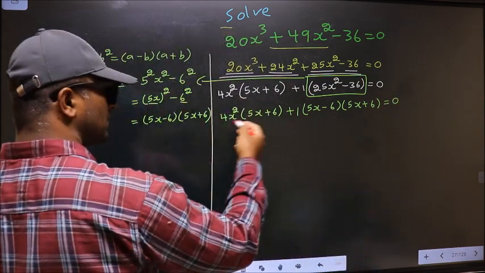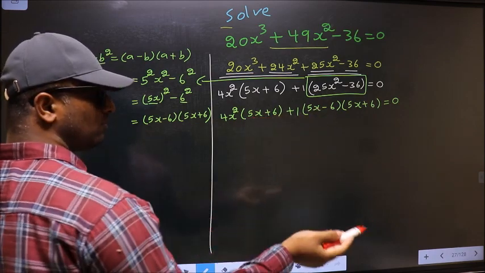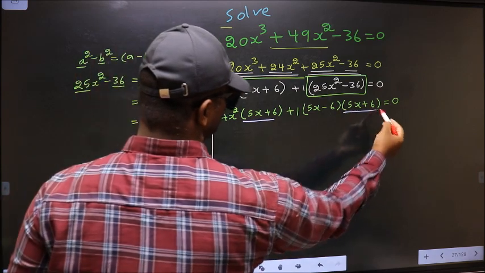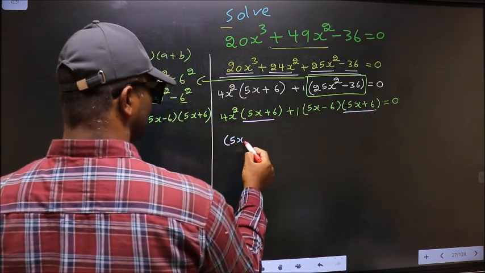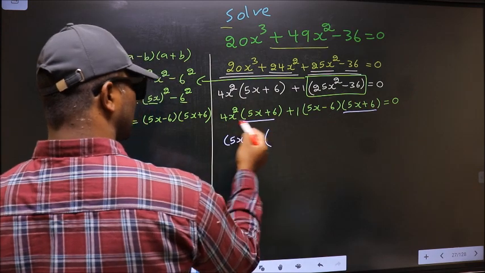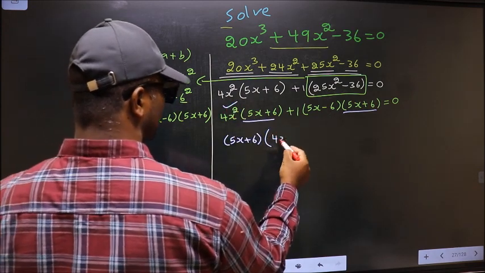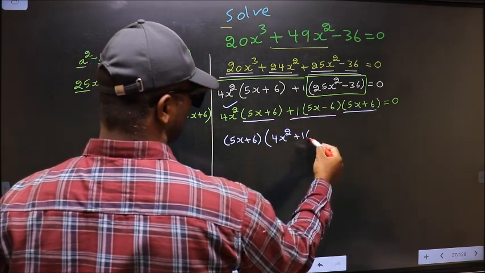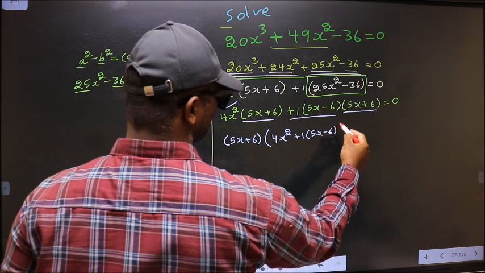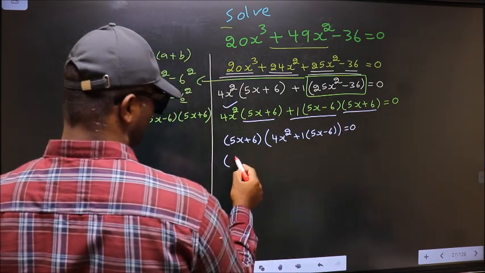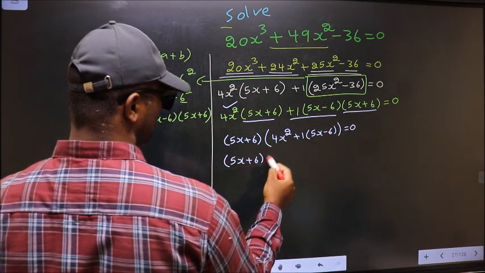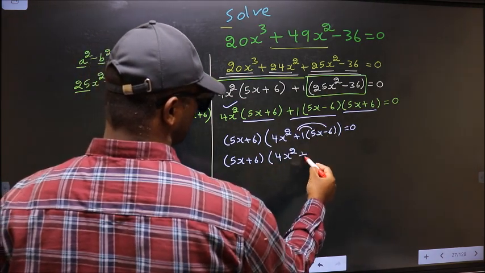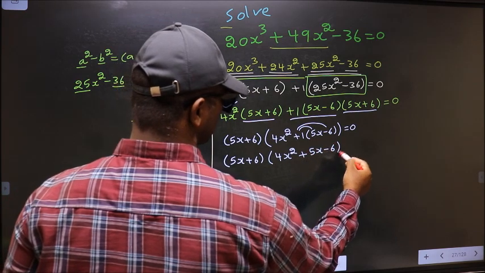Next, from this entire equation, what can be taken out common is 5x plus 6. So 5x plus 6 outside. Here we are left with 4x square and here we are left with plus 1 times 5x minus 6 equal to 0. Now 5x plus 6, 4x square, now you open up the brackets, you get plus 5x minus 6 equal to 0.